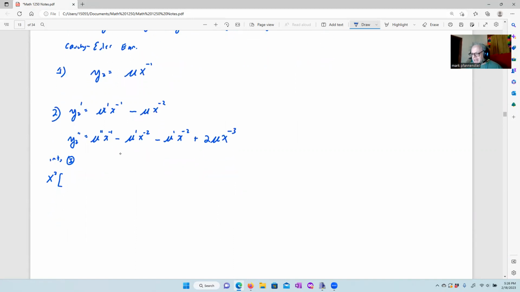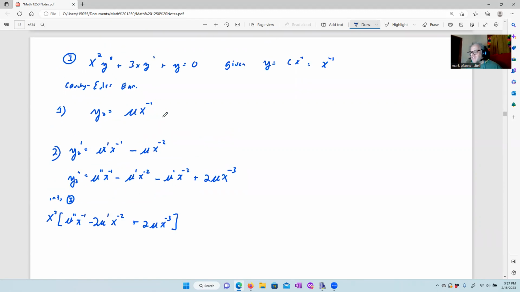That's going to be u double prime x to the negative 1 minus, actually there's two of these, right? There's one here, there's one here. So we're going to have minus 2 u tick x to the negative 2 plus 2 u x to the negative 3. So that's our first piece there.